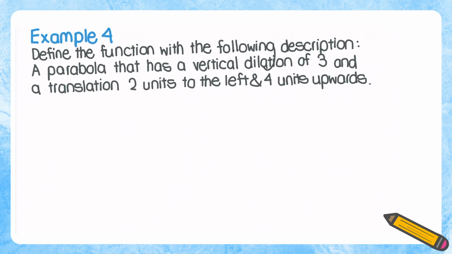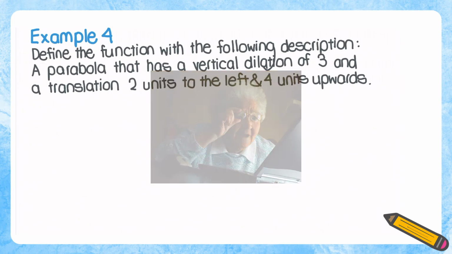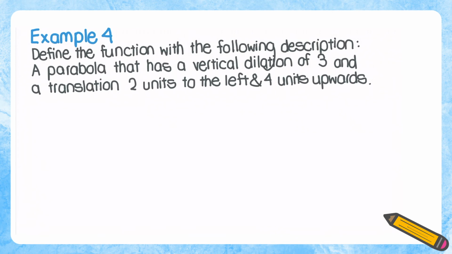What if we go the opposite way? What if we're provided the description and we have to define the function? I know there's a lot of words here, and it might seem confusing at first. You might feel like this grandma, but that's okay. Let's break it down piece by piece. So first, let me just read it.